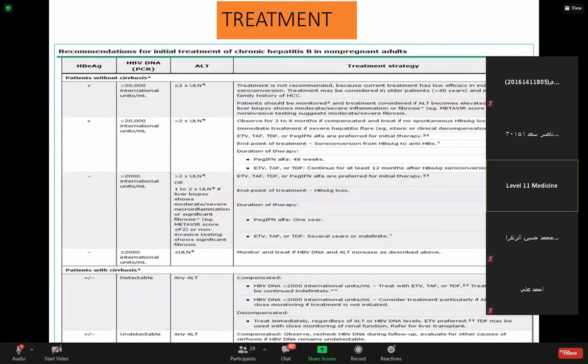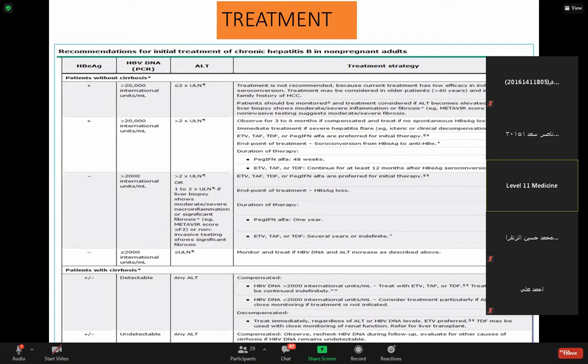Okay, how to treat hepatitis B? Hepatitis B treatment is as complex as its markers, basically. I will say up front, you are not expected to remember those tables by heart, but I'd like you to try to understand the gist.